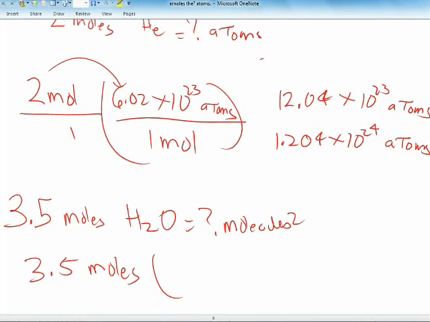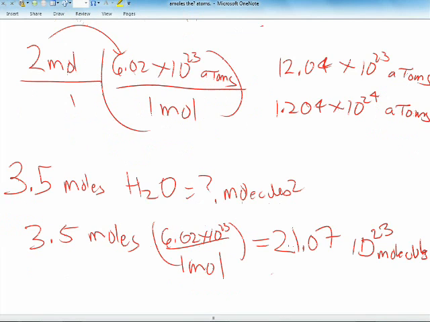It's one reason why we did so much of it at the beginning. Over 1 mole. And again, I'm just taking the E off. You don't have to. 6.02. That equals 2.107 times 10 to the 24th molecules of water.